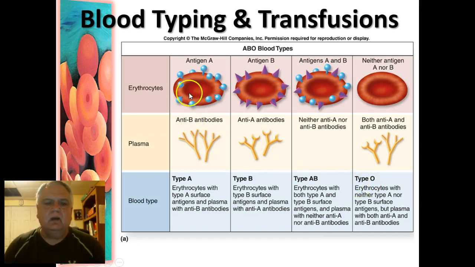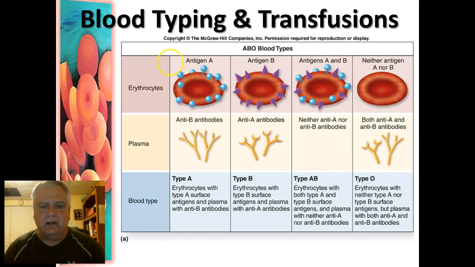Now, remember there are two components to the blood. We have the formed elements and we have the plasma. Here we're seeing the formed element, the red blood cell, and this individual has the type A antigen on the surface of the red blood cell. How about in their plasma? Well, an individual with the type A antigen on the surface of their red blood cells will also carry in their plasma anti-B antibodies, antibodies against B antigens.